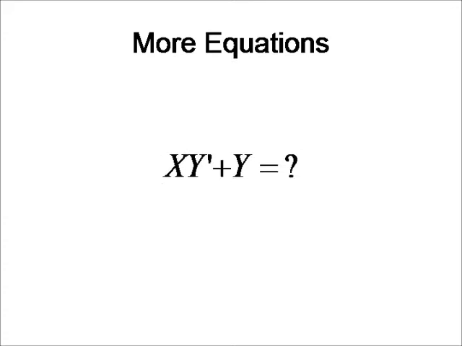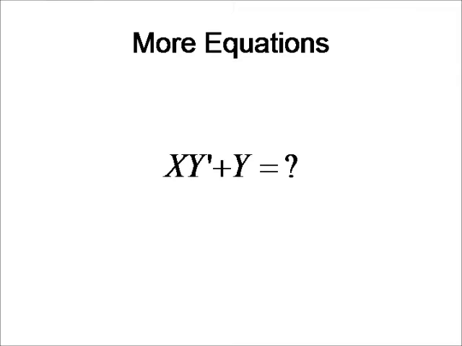Now let's look at this equation, which is xy naught plus y. In this one, what we are going to do is take the y term and factor it out. So we are going to factor this out into two product of sums terms.